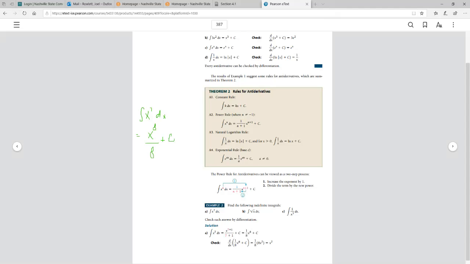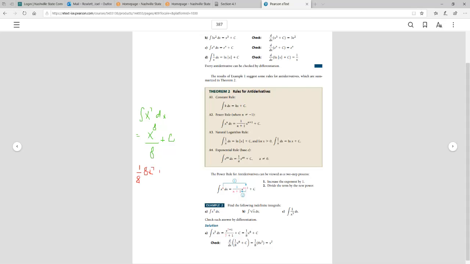Now, just for fun, let's check to see if we did that correctly. If this is the antiderivative, let's take the derivative of 1/8 of x to the power of 8 plus a constant. Well, if you take the derivative of 1/8 x to the power of 8, that would give you 1/8 multiplied by 8x to the power of 7.